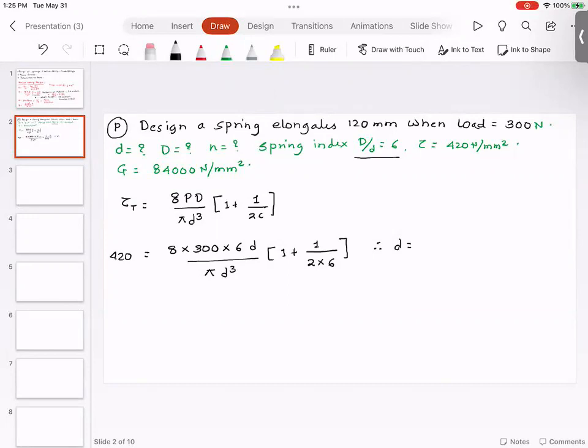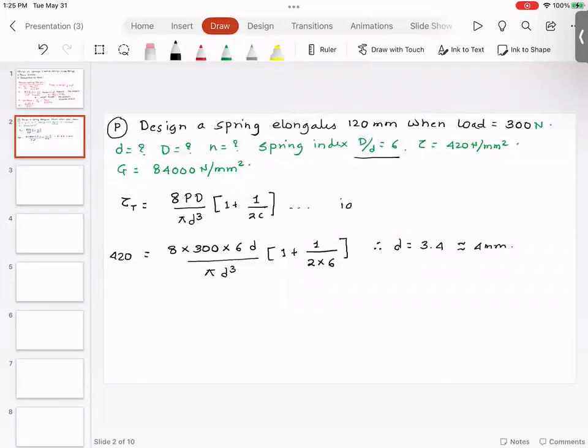The answer that I get is 3.4 millimeters, which I would approximate to 4 millimeters.